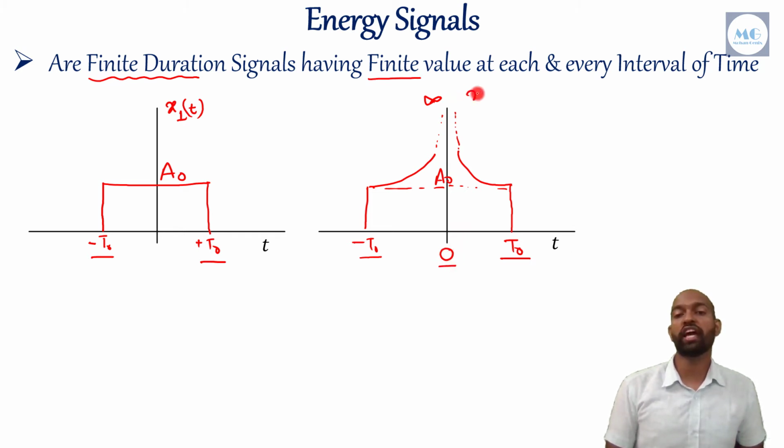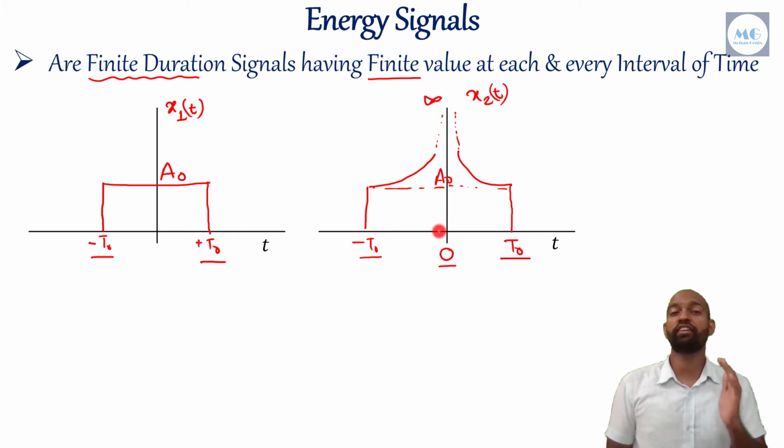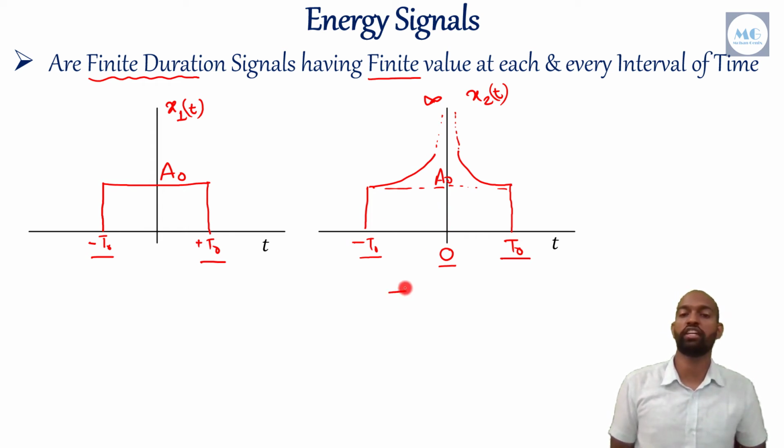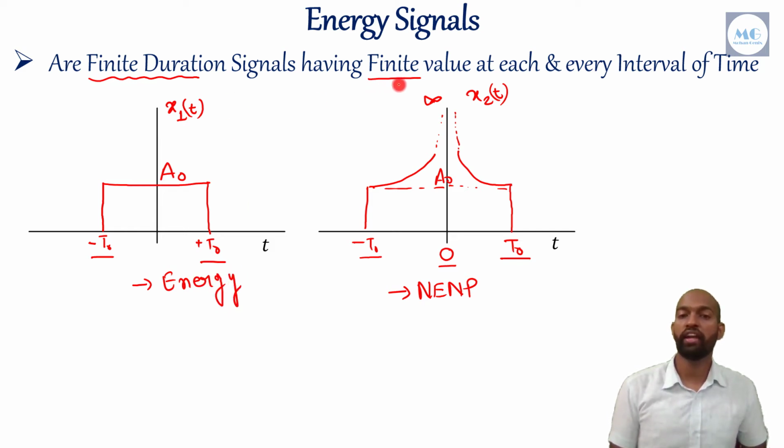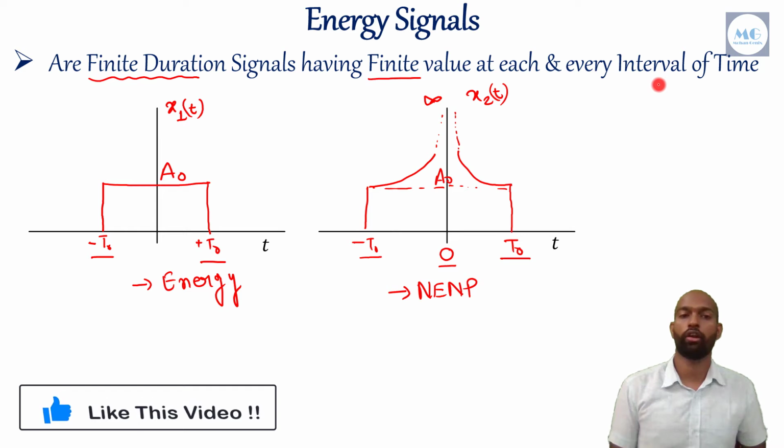So this x2(t) signal will be neither energy nor power signal, as we studied in our previous lecture that a neither energy nor power signal is a signal which is infinite at any instant of time. So this finite duration signal is neither energy nor power signal, and the other signal is an energy signal, as it is finite at each and every interval of time.